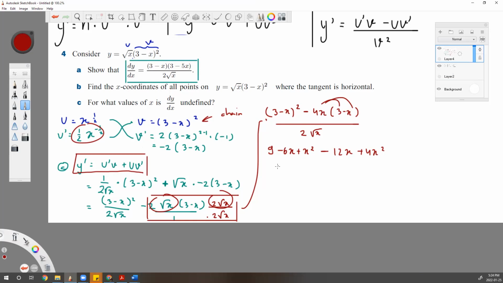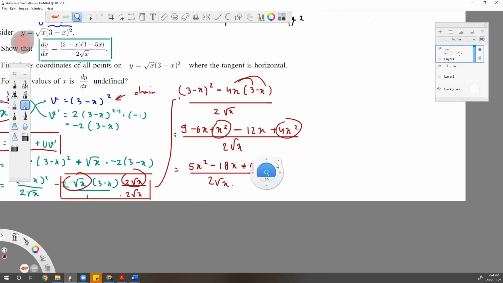This is 5x squared, right? Wait, I missed this. 2 square root x. So it equals x squared plus 4x squared, 5x squared minus 18x plus 9 over 2 square root x. So what you need to do on top of it will be factorize.